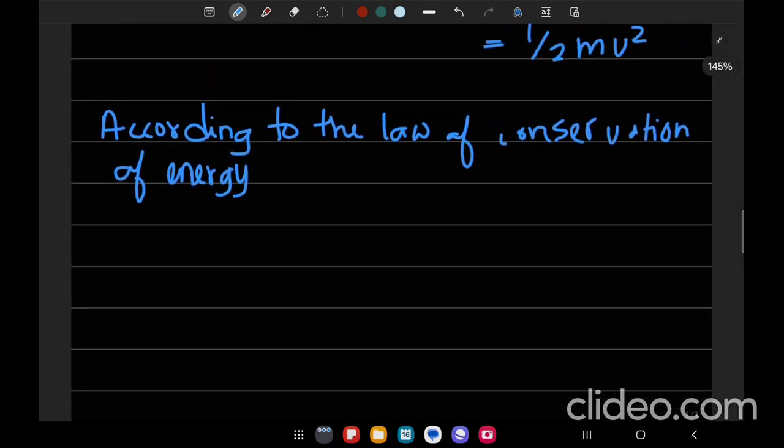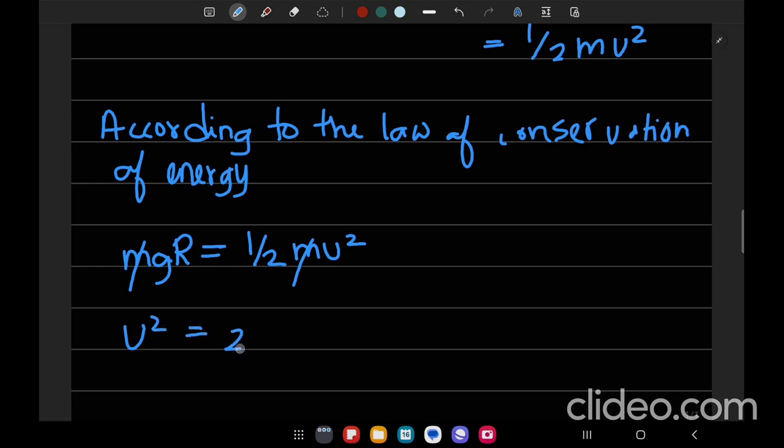Here the mass of the block is the same, so we can cancel that, and our v square becomes 2gr. We will cross multiply this to here. So this becomes our second equation.